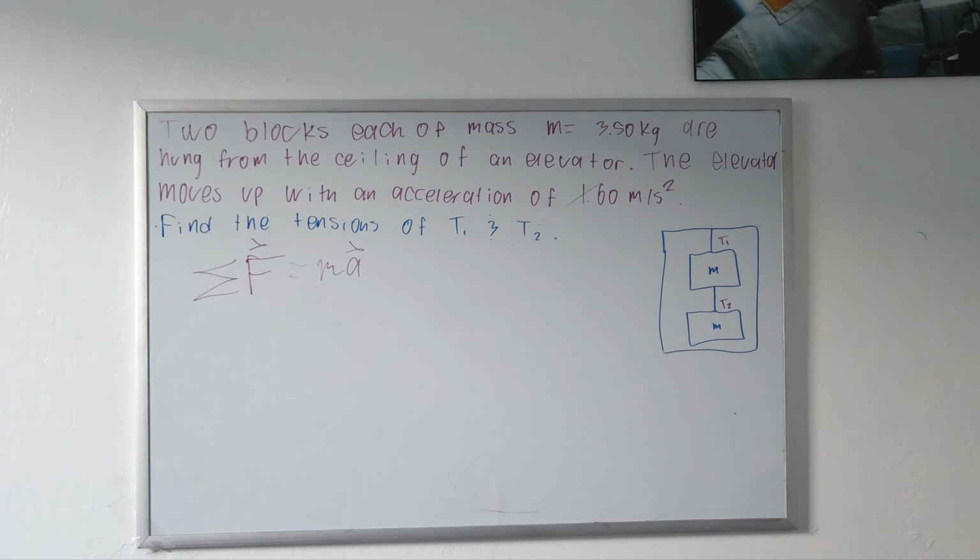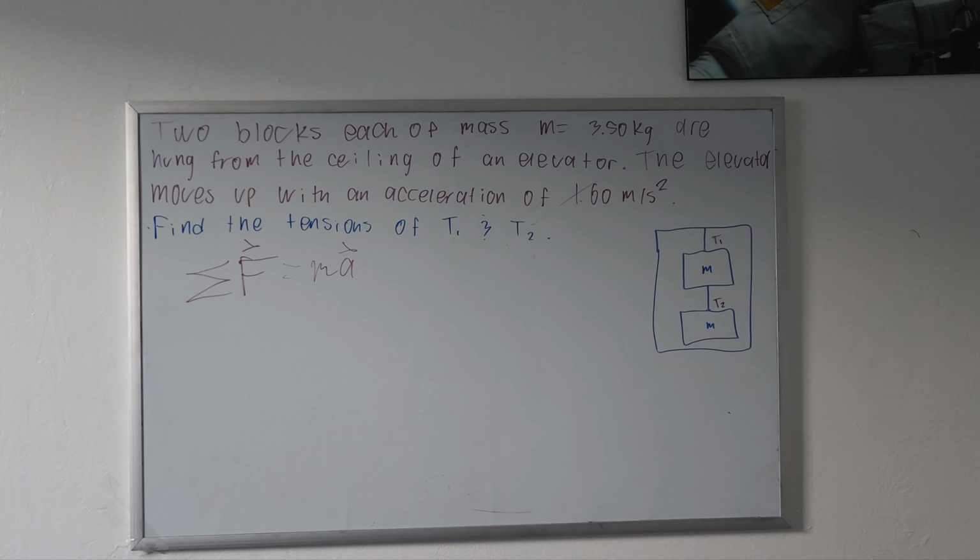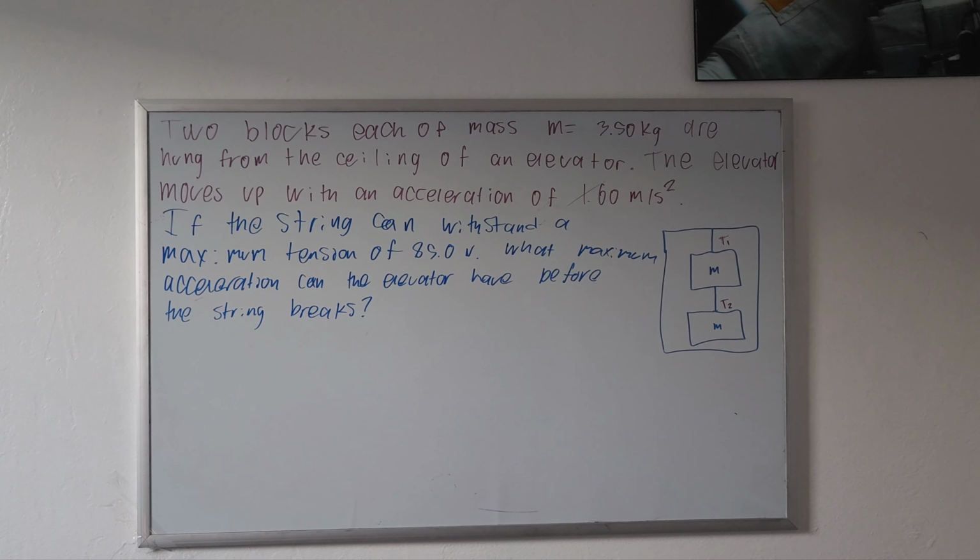But we're doing good for right now. Okay, so part B is saying, if the string can withstand a maximum tension of 85 newtons, what maximum acceleration can the elevator have before the string breaks?